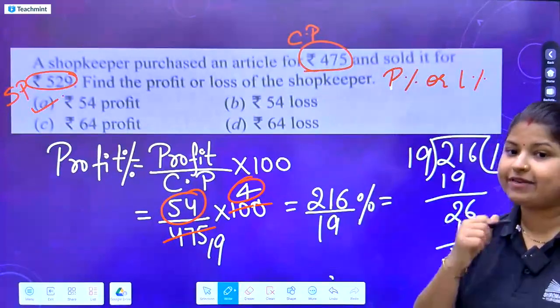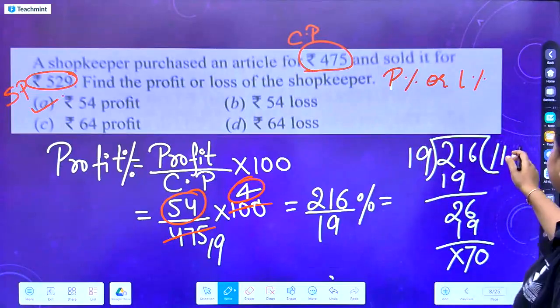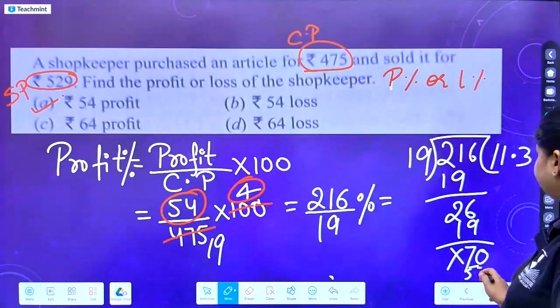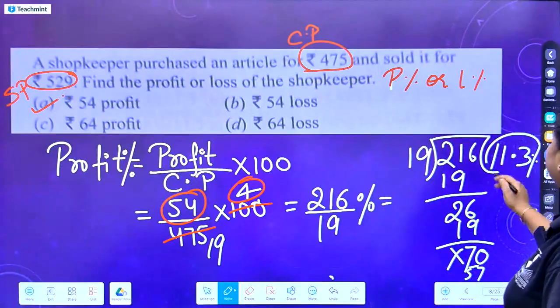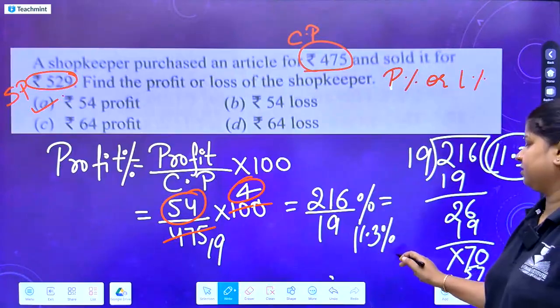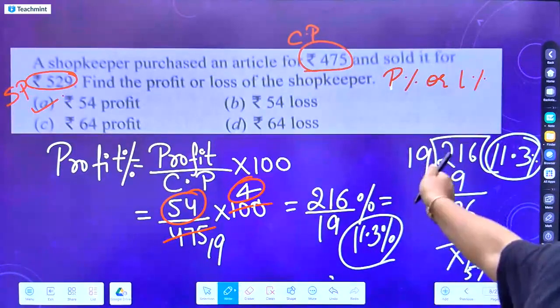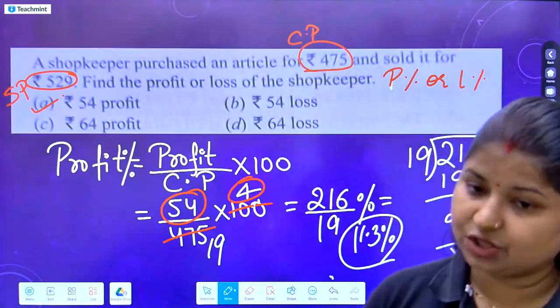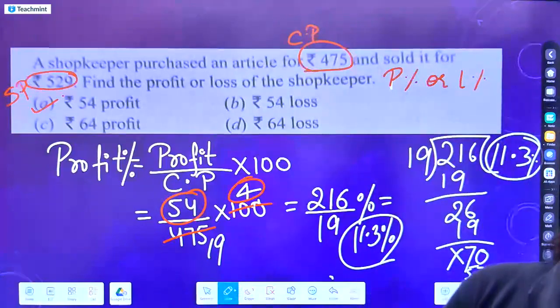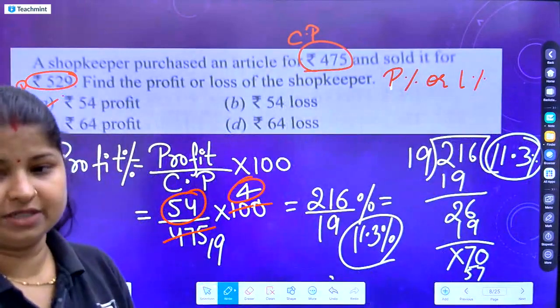You can't, and it is only 70, which is less than 76. So 3 times in you will take 57. So approximately you got 11.3%. Got it? But this, beta, you have to do yourself. You have to practice yourself, because in examination you will be getting different kinds of digits, right?